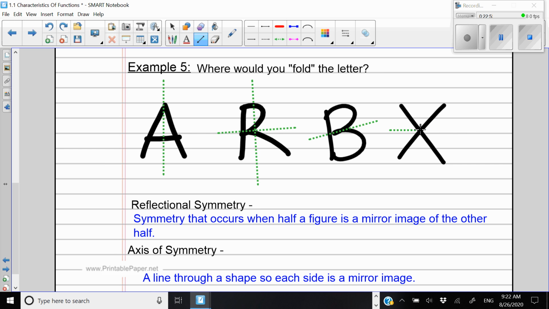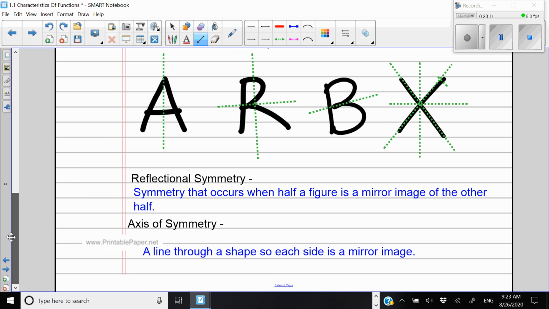For X, yes, I could divide it this way. I could fold it this way, or even this way, or even this way. So in each case, if I fold this letter, I will have the two sides exactly equal to each other. So we call this symmetry.